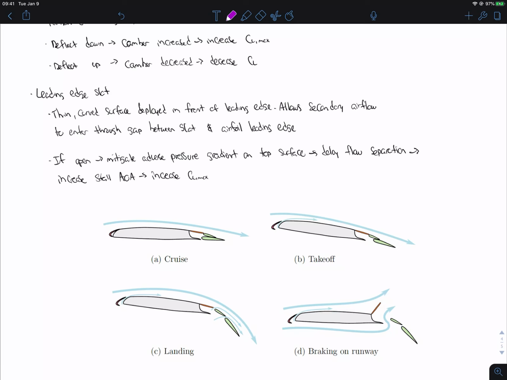So basically, when we're taking off, like in picture B, we want to increase our angle of attack. But again, our geometry for the airfoil is kind of limiting us for our maximum lift. So we're going to use our high lift device to increase that maximum lift. That's when we use this leading edge slat.